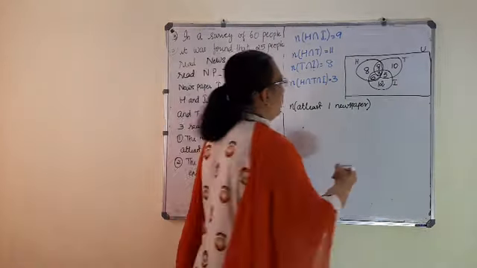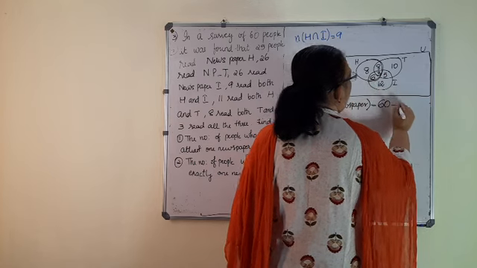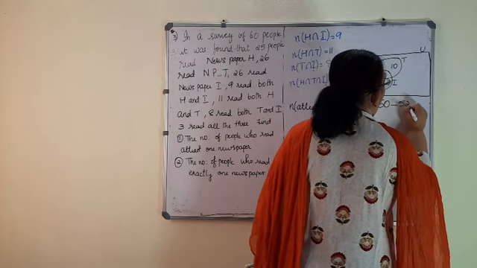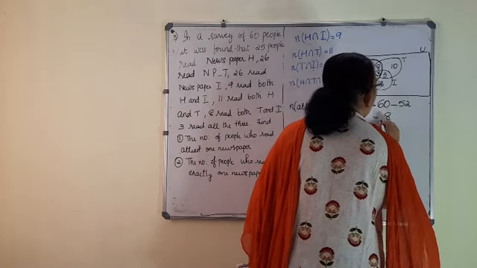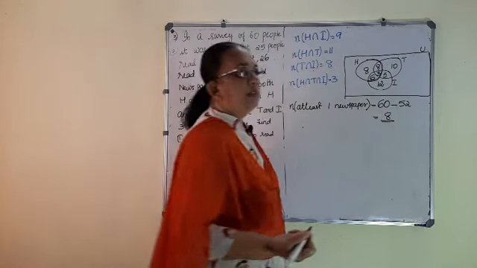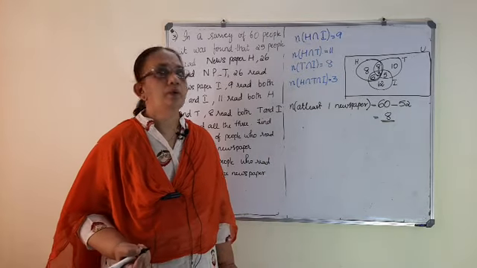What is the total number of people reading newspaper? 8 plus 8, 16, 16 plus 10, 26, 26 plus 6, 32, 35, 40, 40 plus 12 is equal to 52. So the number of people who read no newspaper is 60 minus 52, which is equal to 8.